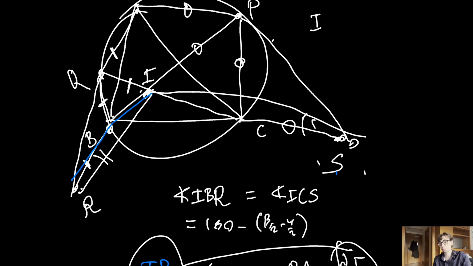Now, a different sort of motivation could have been potentially to say, well, fundamentally, when you add in T, you really need to show that TRI is the same as TSI.